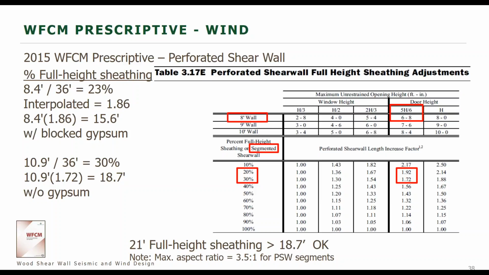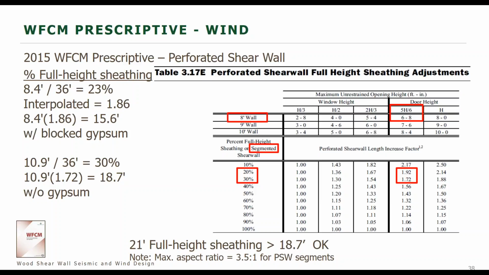So we have this big door opening right in the middle of the wall, that 6'8" door. So using our 8-foot wall and our door opening, we go back to that 8.4 feet of required full height sheathing that we had calculated with our segmented wall.